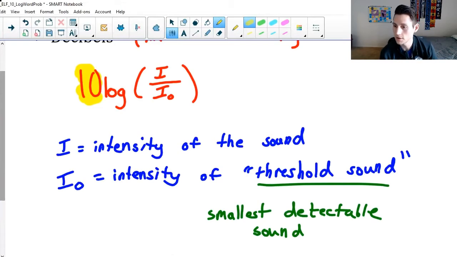And at a certain point, there are things that are quieter than we can hear. So we say that I-naught is just the threshold sound. It is the smallest detectable sound, and measuring anything less than that has no meaning because it's undetectable for us.